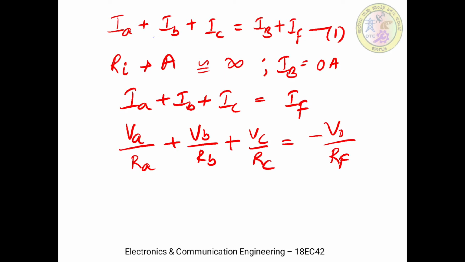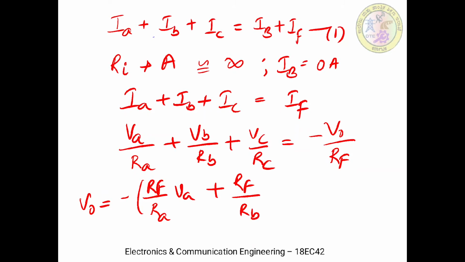Now we can write the output voltage V0 will be equal to minus RF by RA into VA plus RF by RB into VB plus RF by RC into VC. This is the expression for V0.